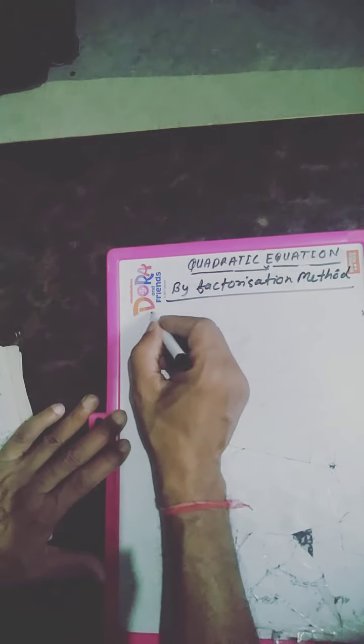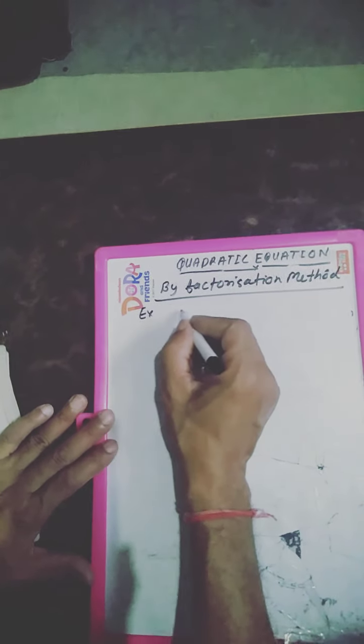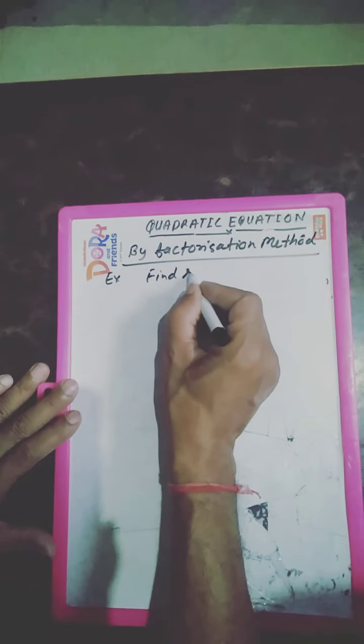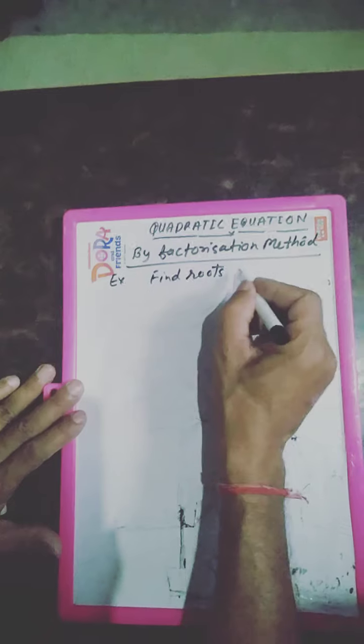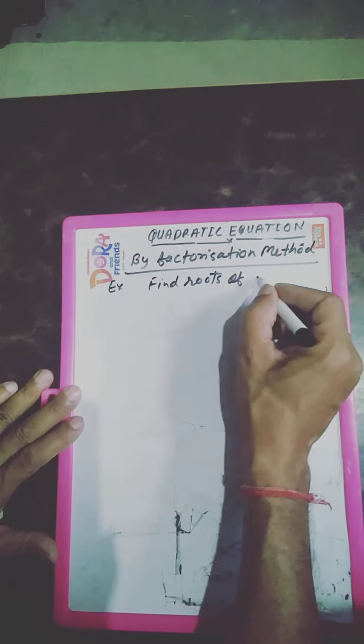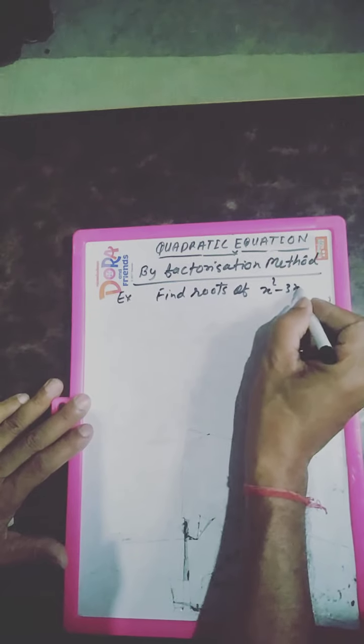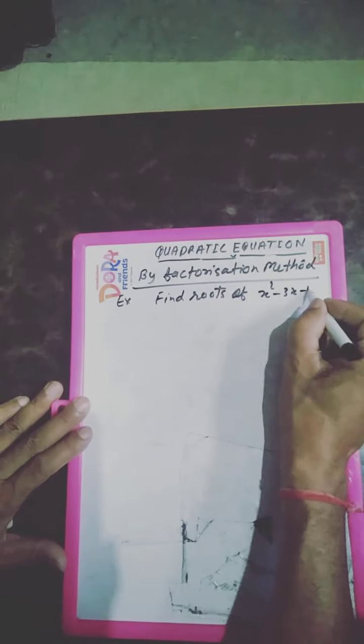For that we will take an example to describe it. Find roots of x square minus 3x minus 10 is equal to 0.